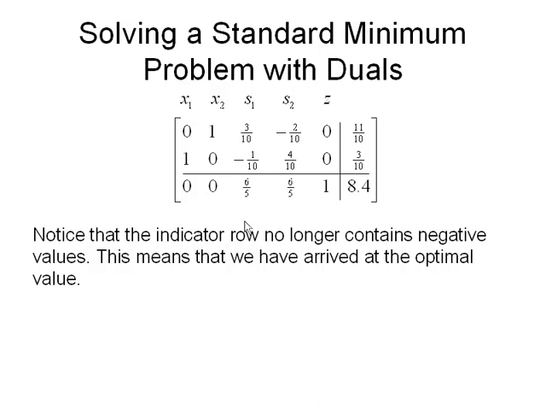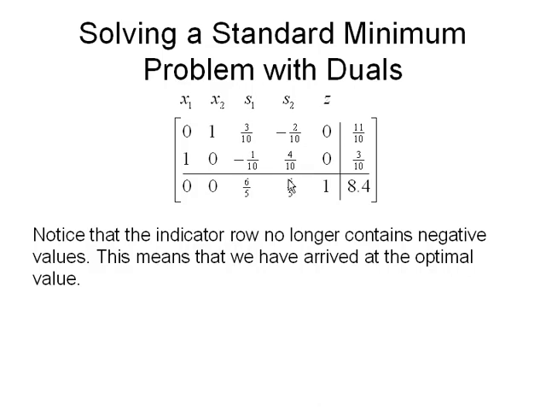It probably isn't surprising that there's a connection here. Boy, that 6/5 and 6/5, that was our value for the minimum before. But remember, when we're solving a maximization problem, we have our non-basic variables, S1 and S2.